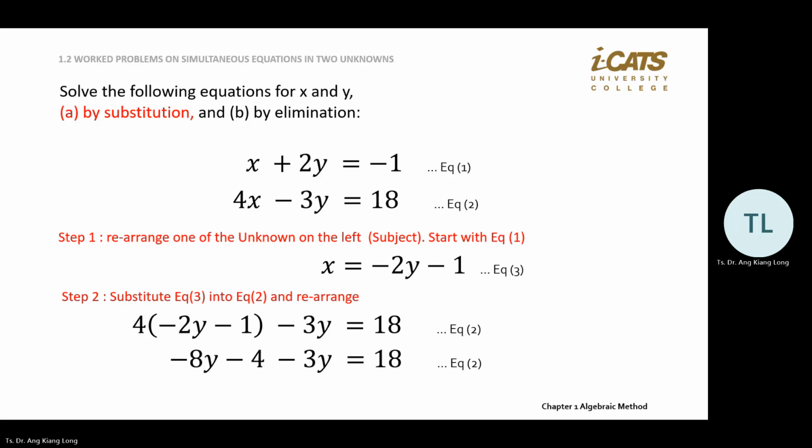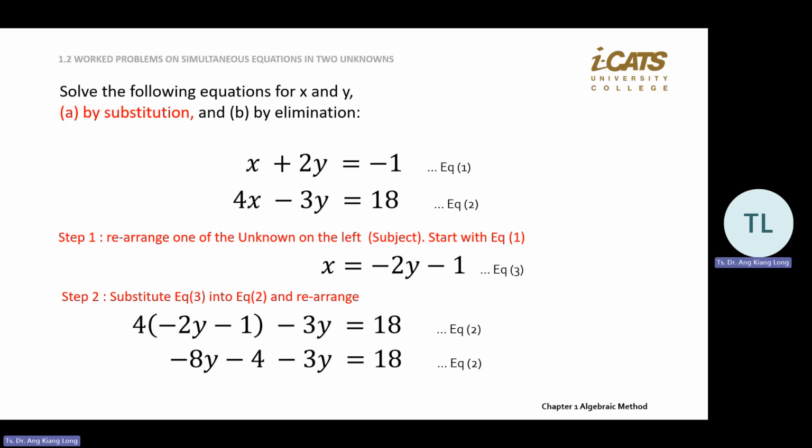Okay. You expand the equation. 4 multiply minus 2 is minus 8. 4 multiply minus 1 is minus 4. Then continue with 3y, solving for y. Rearrange. So minus 8 minus 3 is minus 11y.